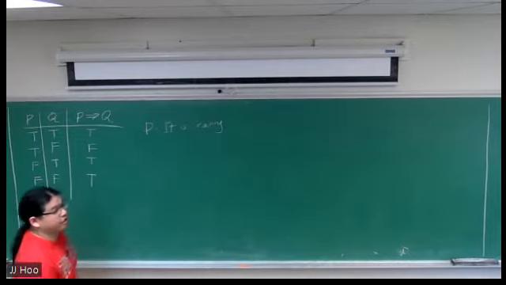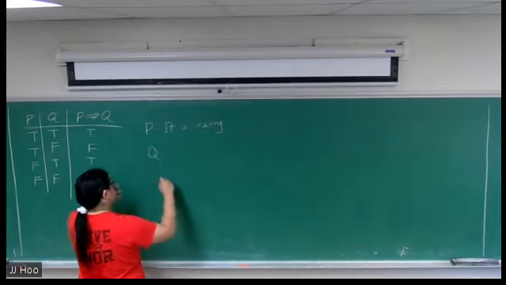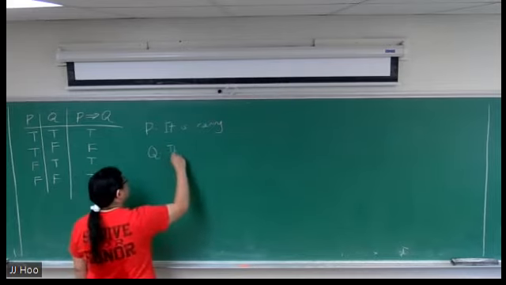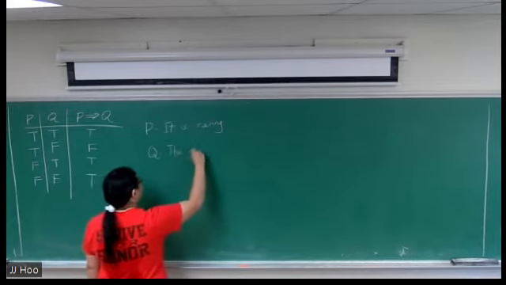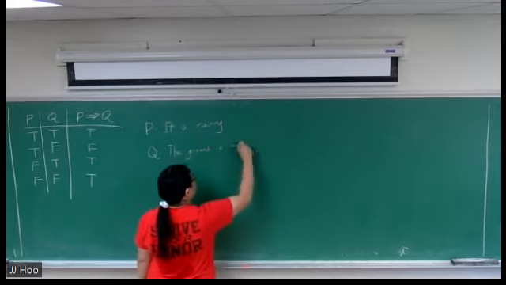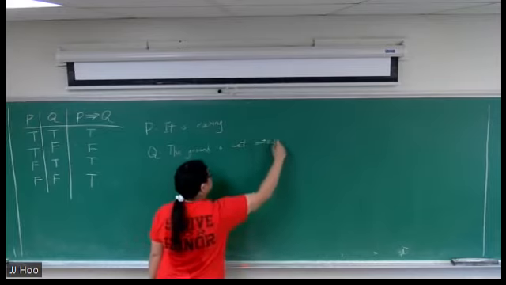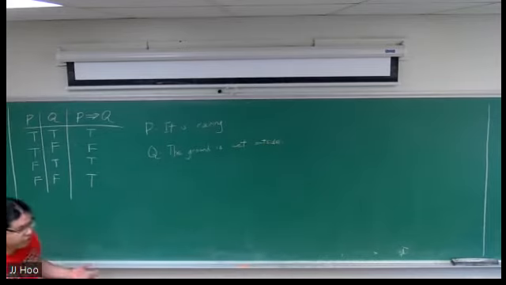P is a statement that it is raining, and Q is a statement that the ground is wet outside. I picked this so that you can make sense of it, and we can look at some examples and counterexamples.